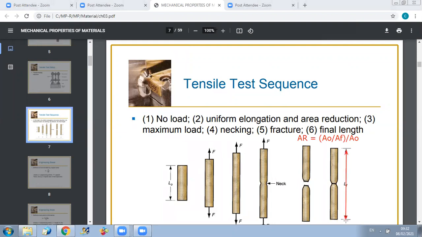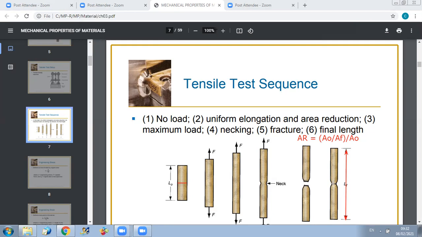This is the final length. If you want to use the area reduction, we measure the area here. This is A0, the initial cross-sectional area. We do a cut and measure the area. To find A final, we measure the area at the necked portion. So here, this is the area A final.